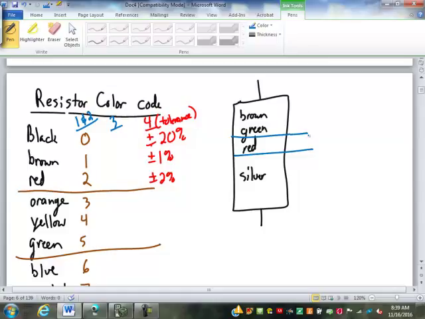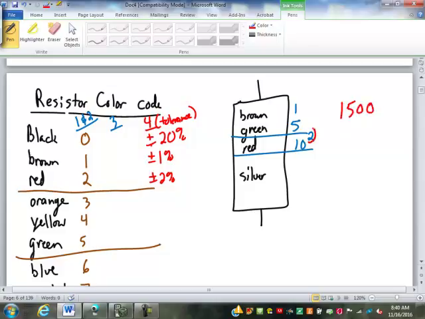So in the first two bands, brown is what number? 1. Green is what number? 5. Now the third band is a power of 10. So it's 10 to the power of, red stands for 2. So it's 10 to the power of 2. So what that is, 15 times 10 to the power of 2, or 1500.